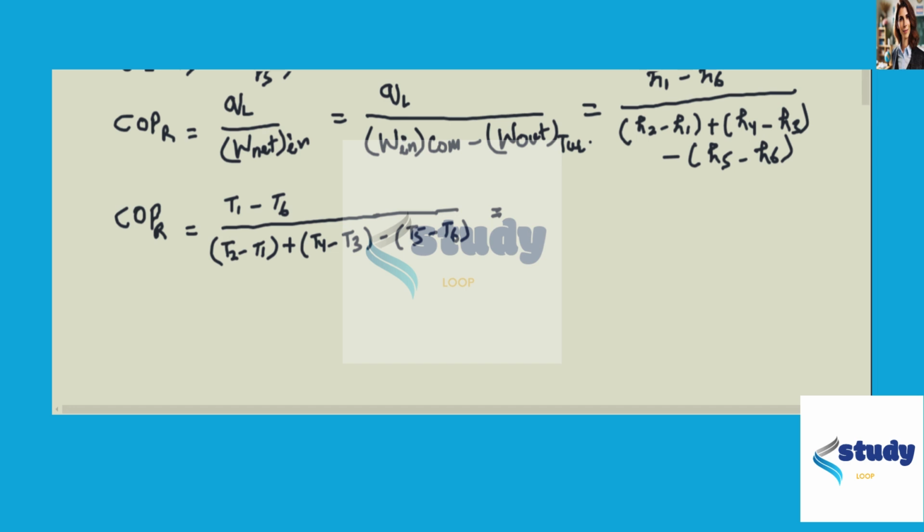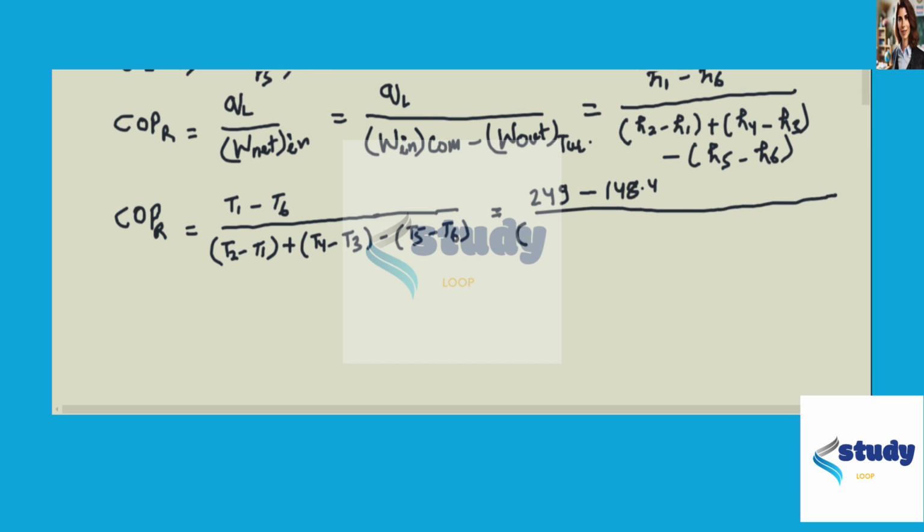Putting the value, temperature of first state is 249, temperature of sixth state is 148.4.